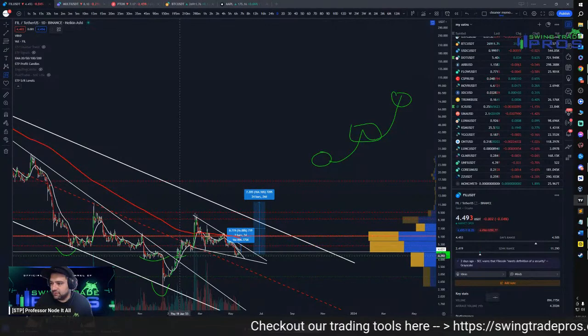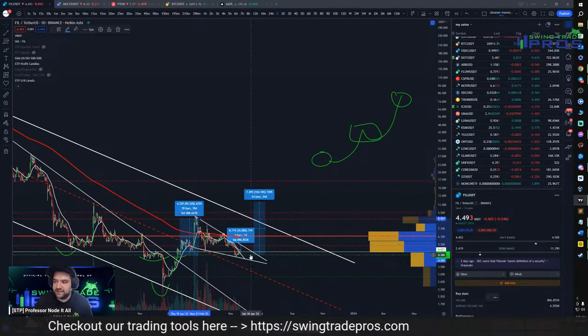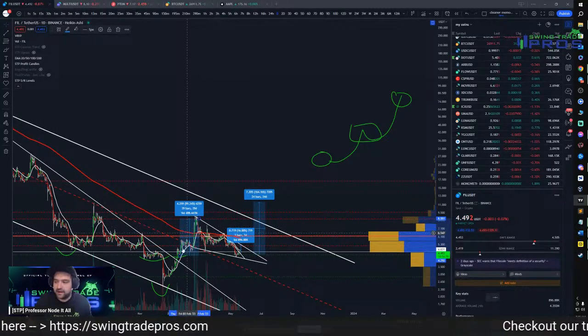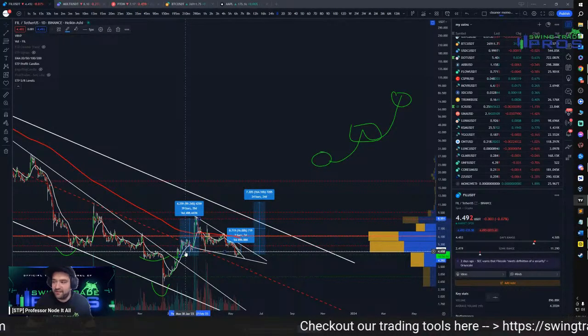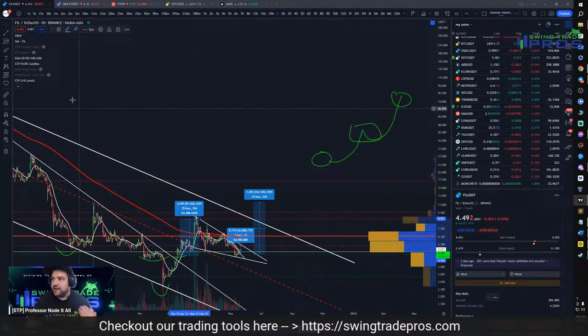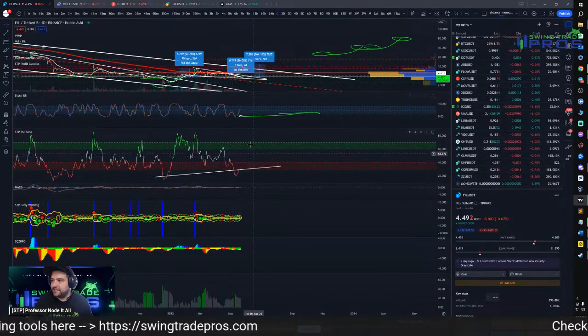Once we reclaimed this support area, we were able to get up to about $8.55. So if this area is holding as support, this is a great area to take a trade, because we know as soon as we get back above this 465 region, we could see a move back up, right?